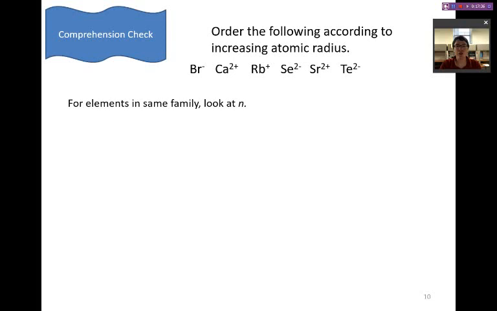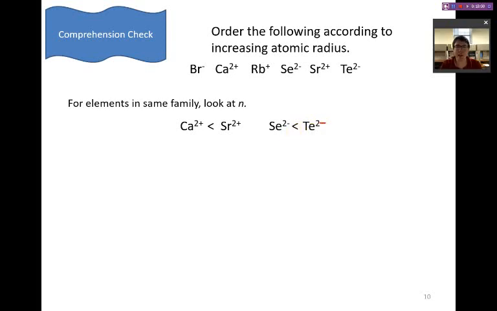So the larger the n value of the valence electrons, the larger the element. Calcium is higher up on the periodic table than strontium, so calcium is smaller. Selenium is higher up on the periodic table than tellurium, and that should have a negative charge on it. So the tellurium is larger and the selenium is smaller.